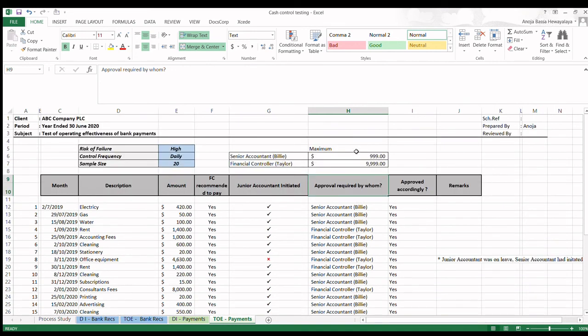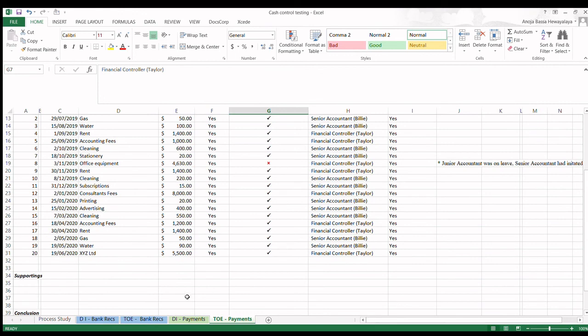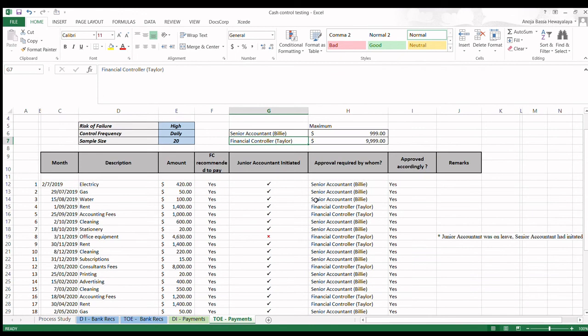If the amount is less than 999, the senior accountant approves, and if it is less than 9,999, the financial controller has to approve it. And I mentioned in the process study that any transaction above 10,000 has to be prior approved by the board of directors.